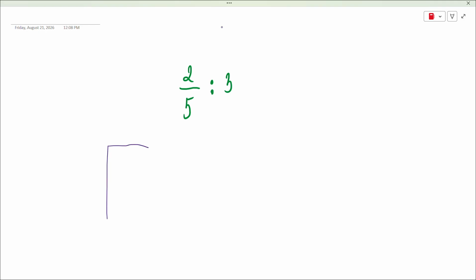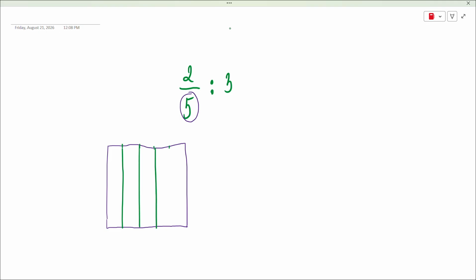A square represents a whole, and I will divide the square into 5 equal sections. 1, 2, 3, 4, 5 equal sections. I just hand draw it, and hopefully it works. It's still nice, right?